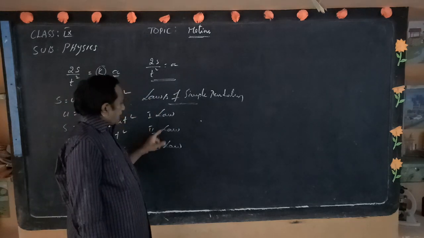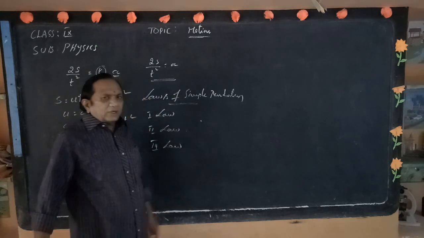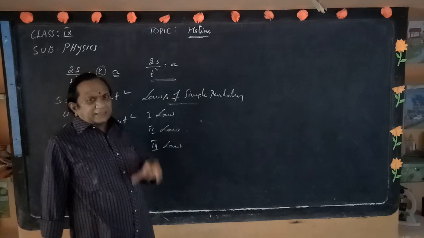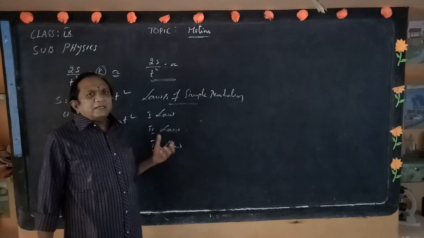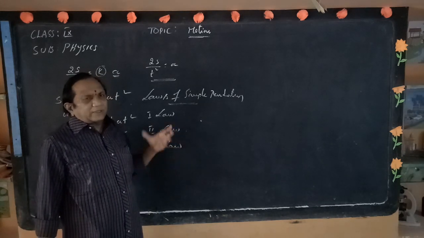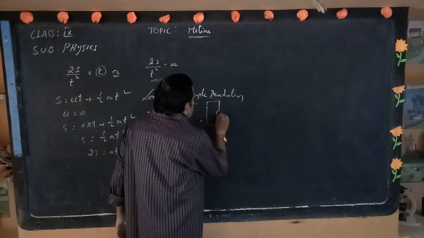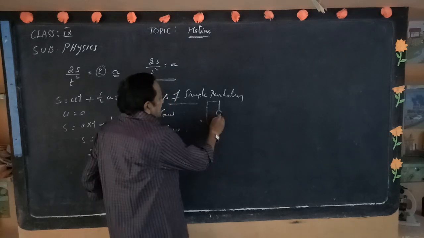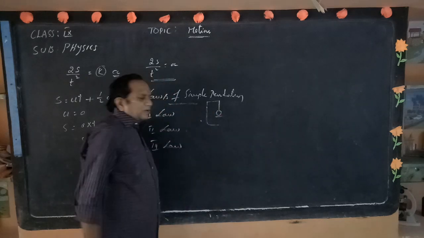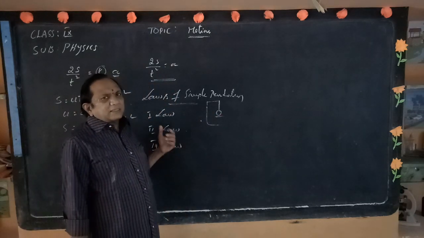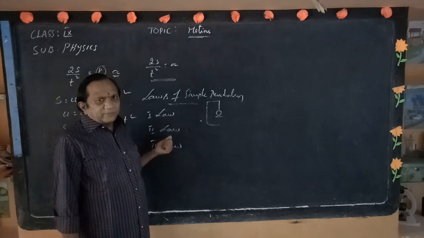The second law says that it does not depend upon the size, shape or mass of the bob. Whatever the bob considered, this arrangement we call a simple pendulum. So size, shape or mass, whatever it is, does not influence it. This is the second law.